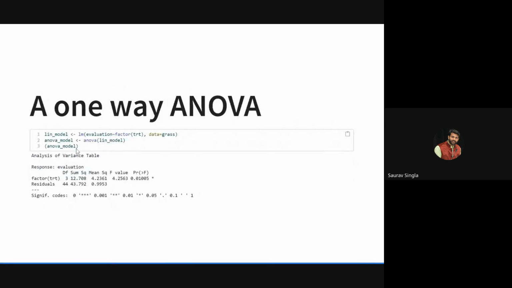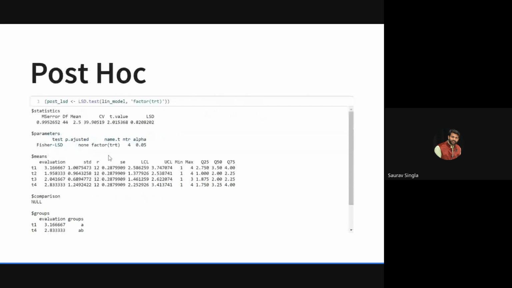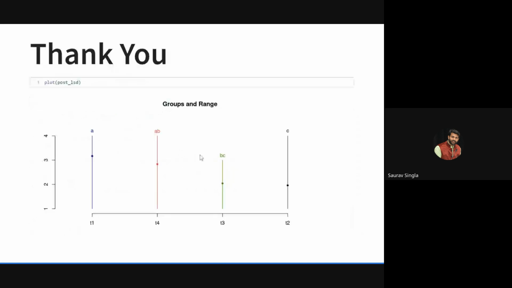Okay, in some further session we will discuss what will come on this side, and what will come on this side, what is this, everything we will discuss. In further sessions we will discuss this and the graphical portion. This is the code to conduct LSD for same ANOVA, and this is the code for plotting this particular type of graph.